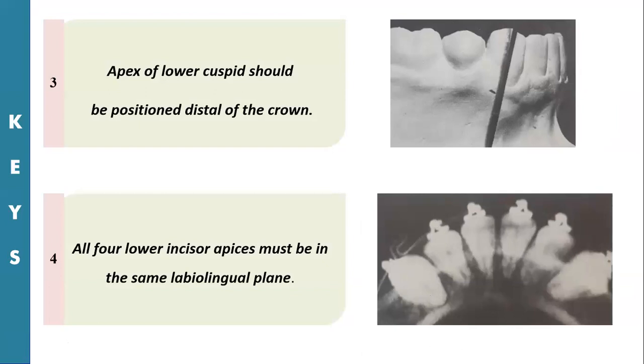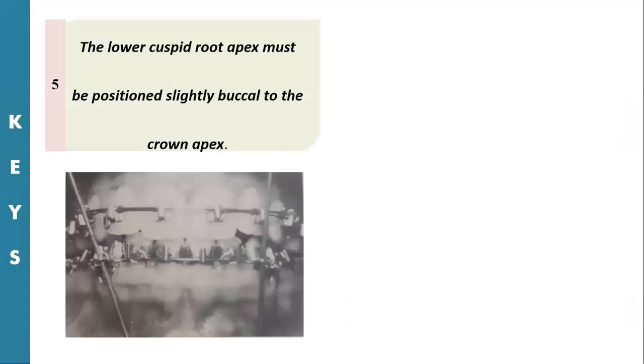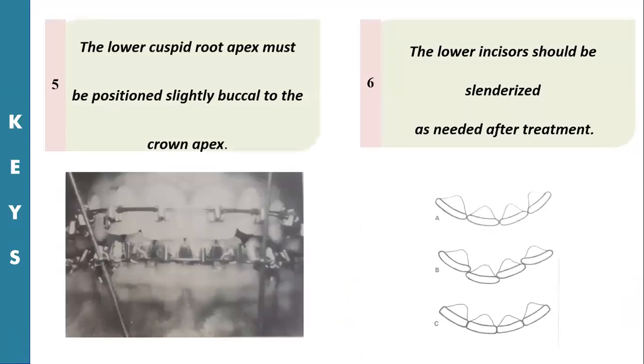Then the fifth key: the lower cuspid root apex must be positioned slightly buccal to the crown. And the last one is that the lower incisors should be slenderized as needed after the treatment. So if you have these incisors, you do some amount of what is slenderization?